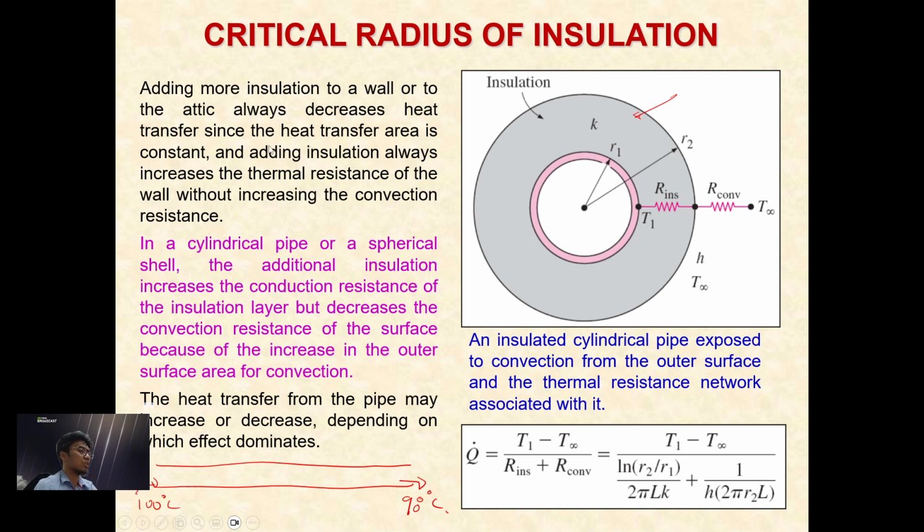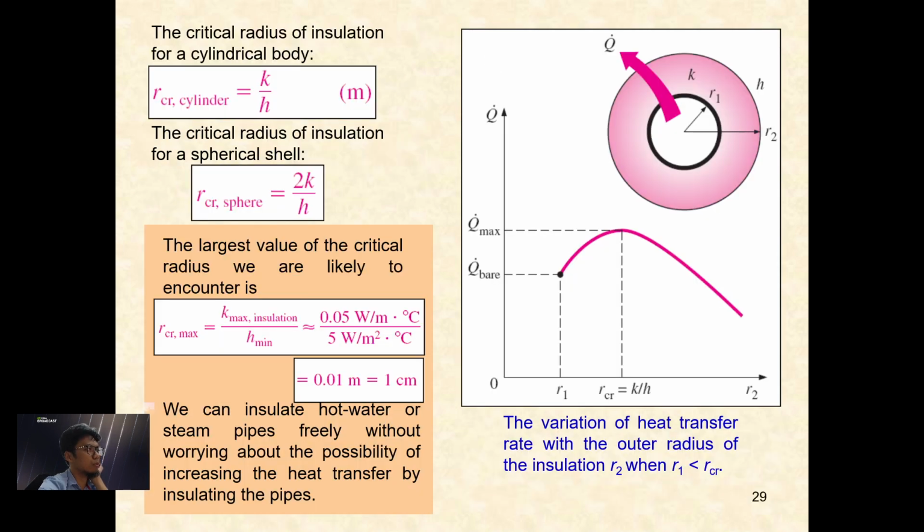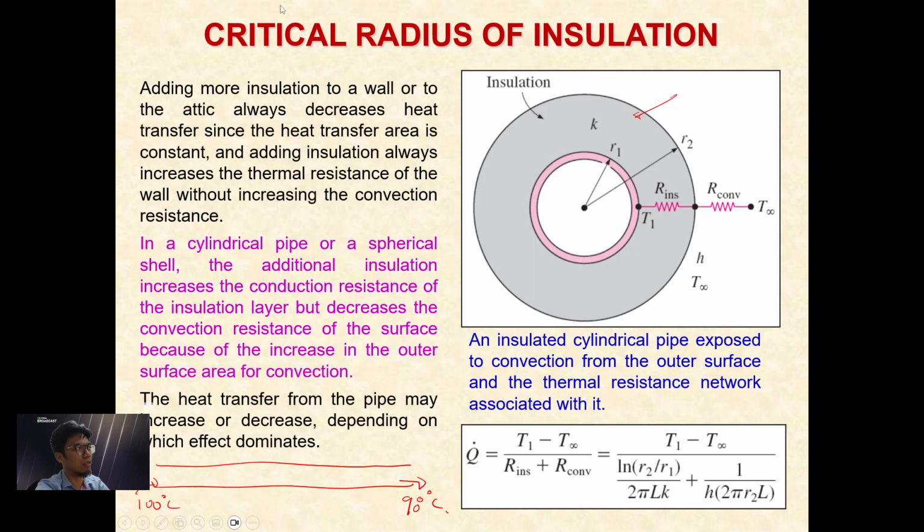Okay, so adding insulator will increase the thermal resistance. So there is a special formula to calculate how much thickness is required for your insulation, which is R critical. We always set that R critical for the insulation.